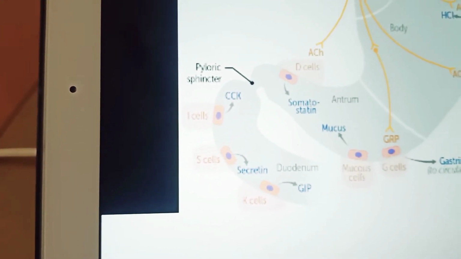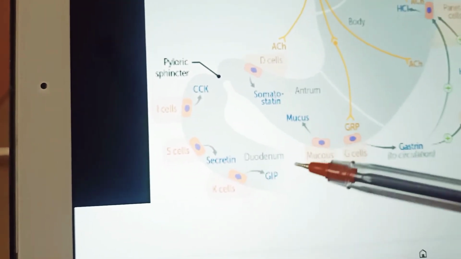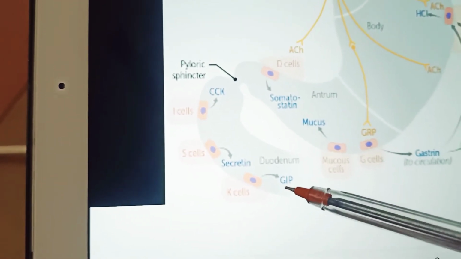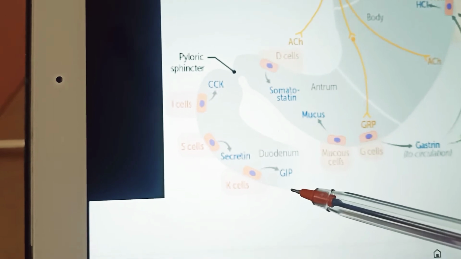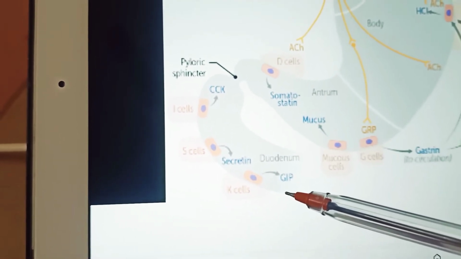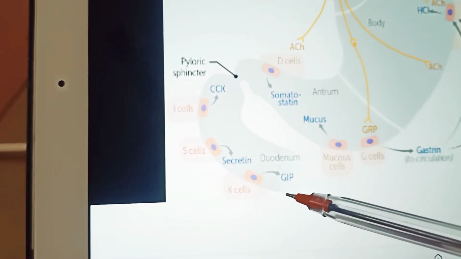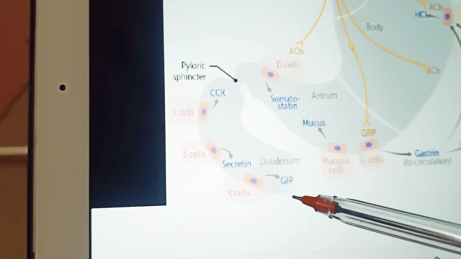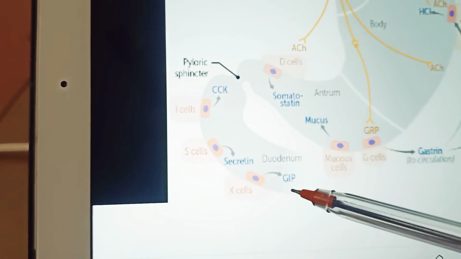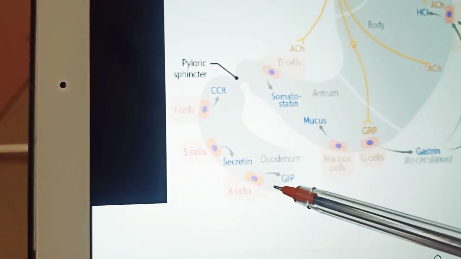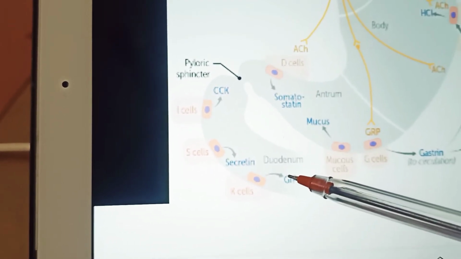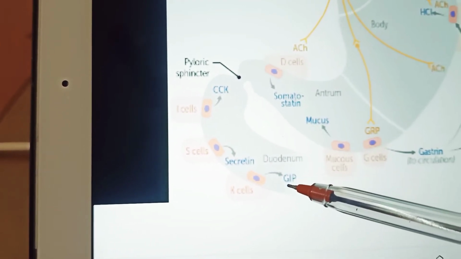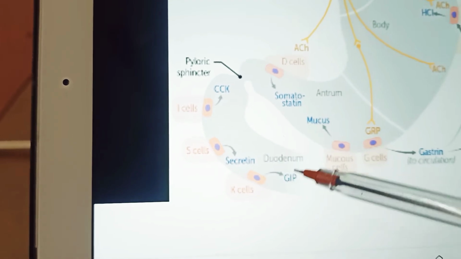Next, coming to glucose dependent insulinotropic peptide, which is released from K cells. In short form, you can call it GIP. It is secreted from both the duodenum and jejunum. It has exocrine and endocrine functions. The exocrine function is to decrease gastric hydrogen secretion, and the endocrine function is to increase insulin release. This is also activated when there are more fatty acids and amino acids in the intestine.